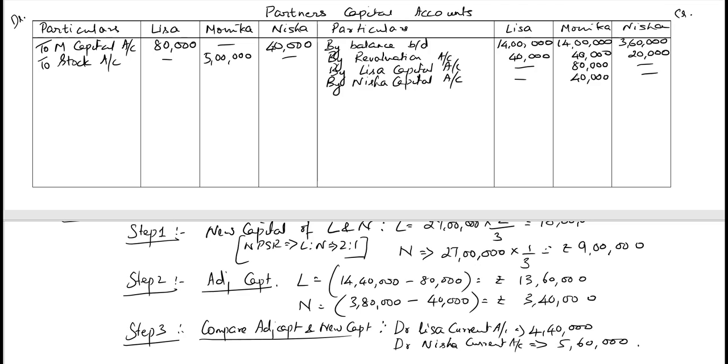Before we go further to adjust the capital accounts, let's balance the retiring partner's account and transfer the balance to loan account. Remember, when nothing is specified regarding settlement of account of retiring partner, we need to transfer the balance to loan account. So we'll transfer the balancing figure of Monica's capital account to Monica's loan account.